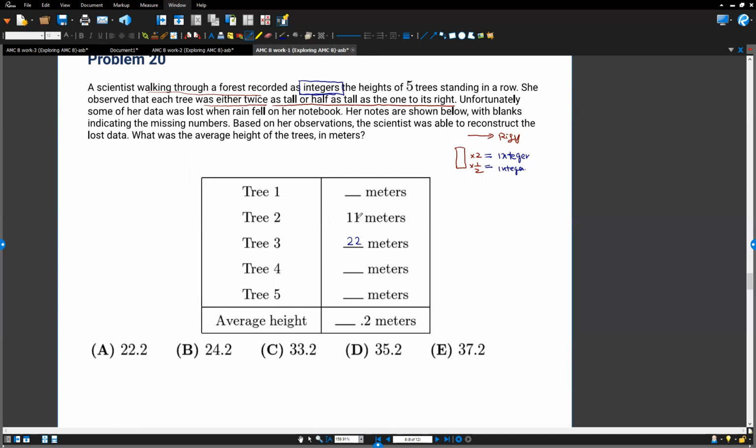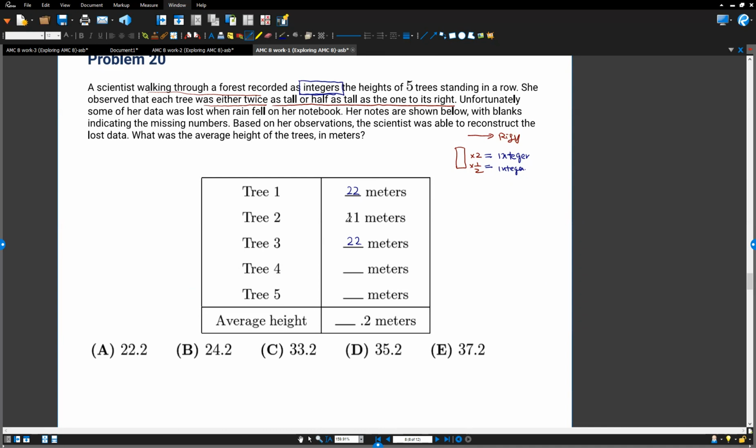Before that is times 2; going divided by 2 gives about 5.5, not good. So this is 22 over here. 22 times 2 is 44, no, this is a half, right? Only 1/2 is available, that is 11. We got 3 numbers.